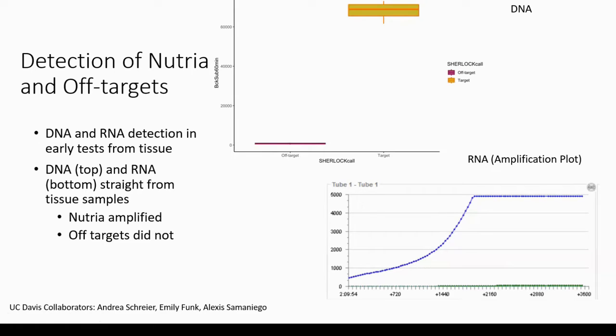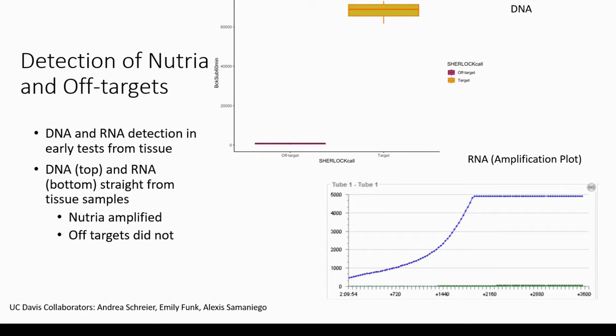So we have just some preliminary data to share. Again, like I said, we've been studying the DNA and RNA detection with these tests. The chart up on the top shows whether or not the off target is amplified. The off target is that maroon line down at the bottom, and the target, which is nutria DNA, is up at the top with the yellow box.